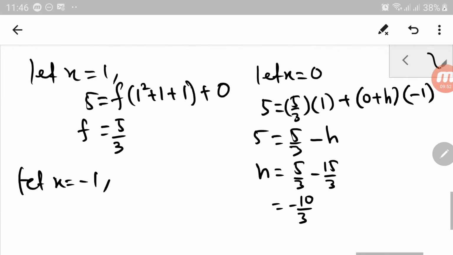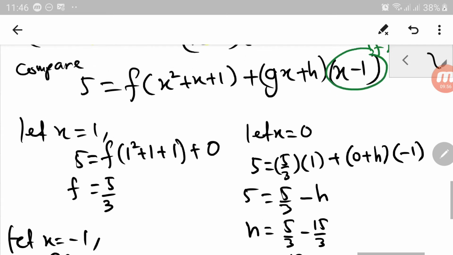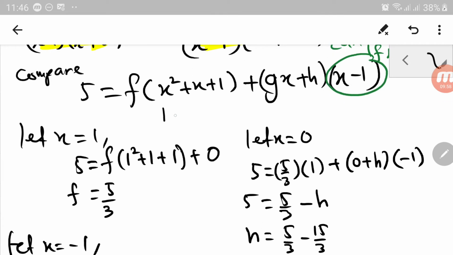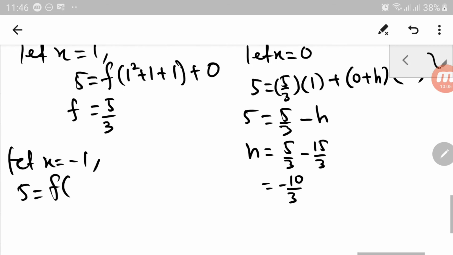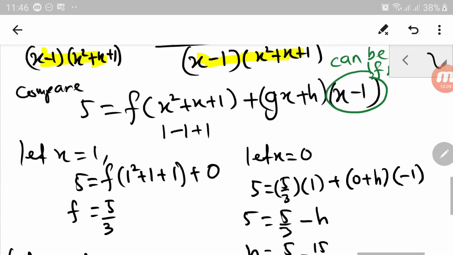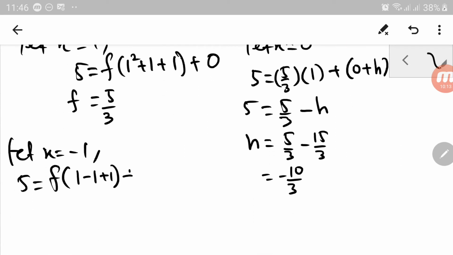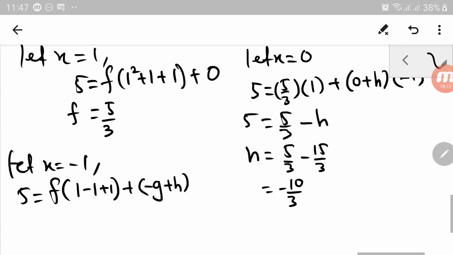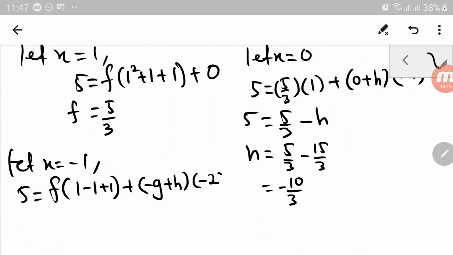So 5 equals f times minus 1 squared, which is 1, minus 1 plus 1. So 1 minus 1 plus 1. And then g times minus 1, minus g plus h, and then times minus 2.